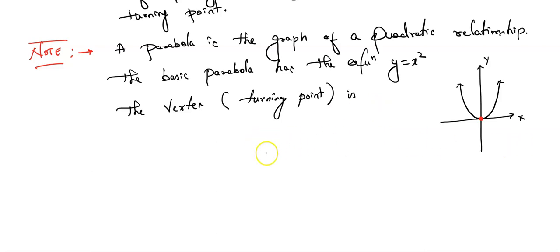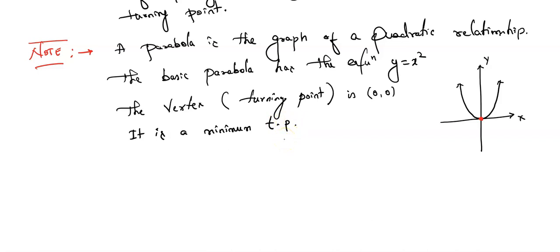So the vertex, the turning point, is 0, 0. This is the way you have to identify the turning point. Now, is it minimum or maximum? Of course, it is a minimum turning point.